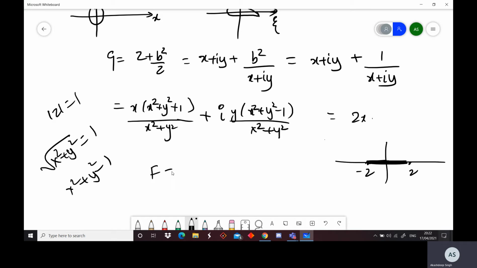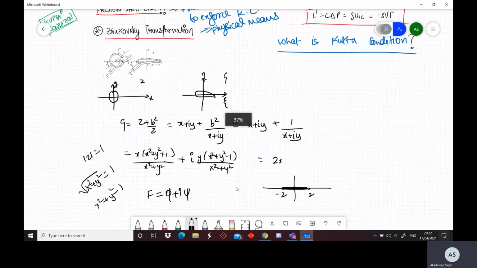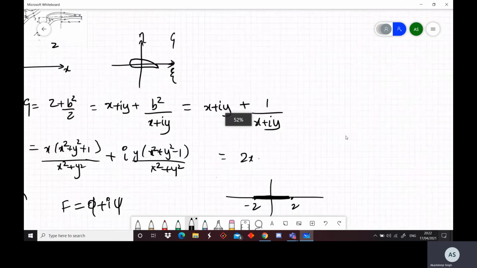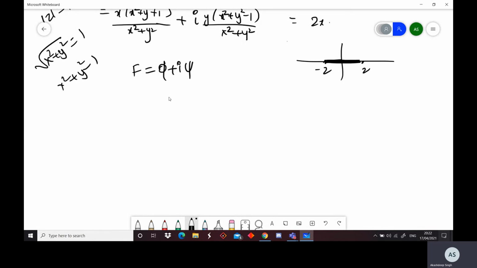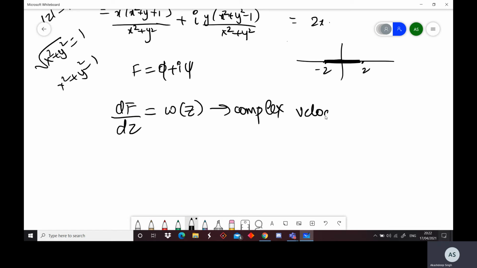And we know that there is something called a complex potential. For now, let's delve into the aerodynamics part and our airfoil part from here. Let's consider our usual F equals phi plus i psi, which is the complex potential. If we take the derivative df by dz, this will be equal to our complex velocity, as in previous chapters we have studied in aerodynamics.